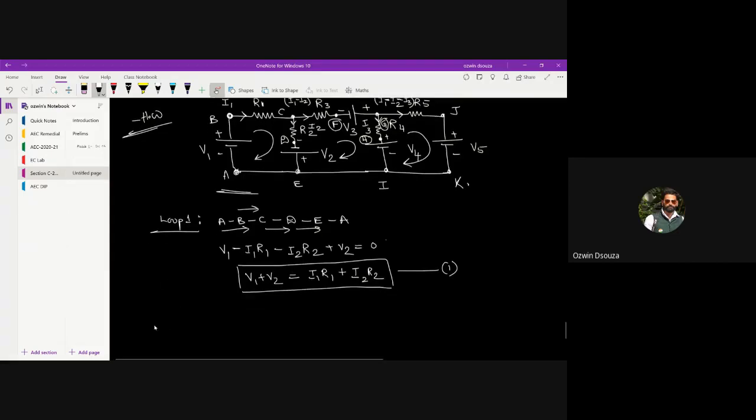Now let me apply KVL to loop 2. What is my loop 2? Again, my traversal is in the clockwise direction.